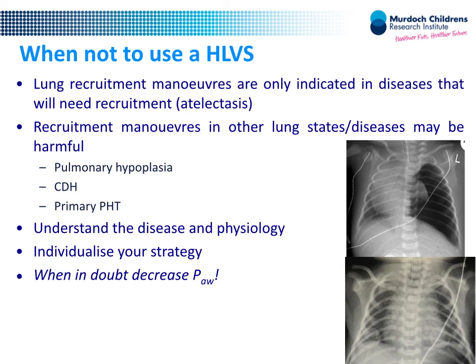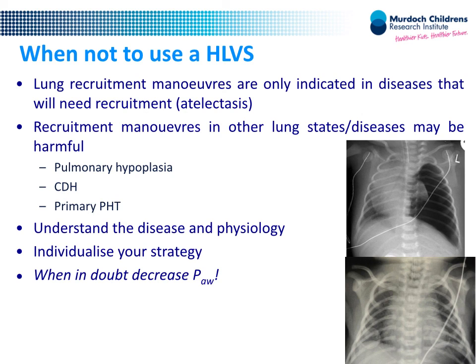Congenital diaphragmatic hernias, as a general rule, especially if you're not familiar with using lung recruitment manoeuvres, aggressive ones like this, it shouldn't be used because you would expect it to be a non-recruitable lung. And primary pulmonary hypertension isn't a lung pathology, it's a pulmonary vascular pathology. You're going to make the pulmonary vascular worse. Definitely that term baby with pulmonary hypertension does not like a high mean airway pressure.